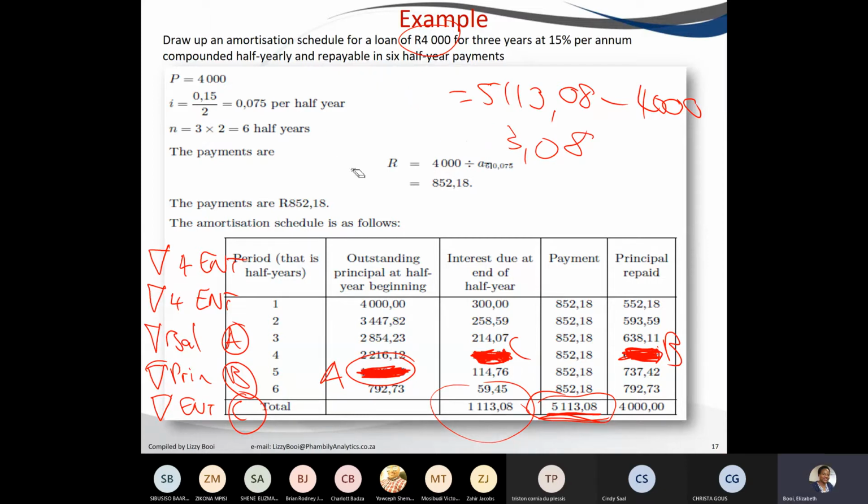Another scenario that they might ask you to do is, they might say, now that you have amortized this, they decide to change the interest. I told you that the payment will stay the same.